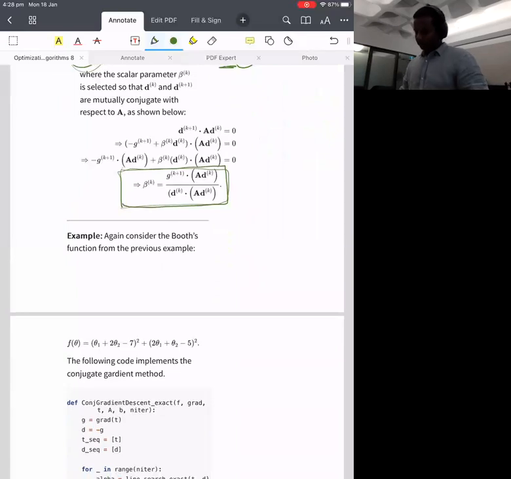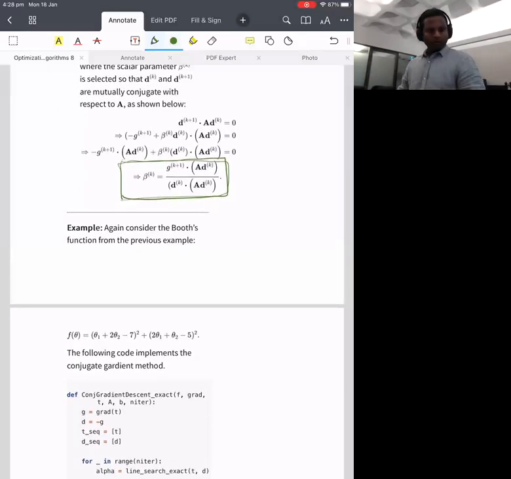This is a small example. Are there any questions so far on the conjugate gradient method?